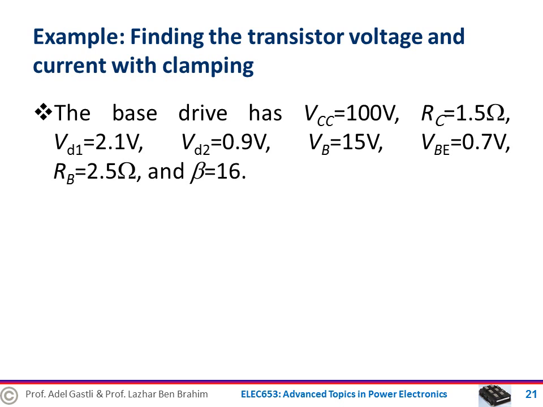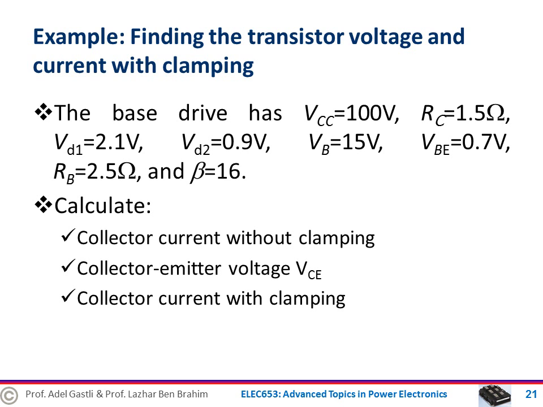The voltage drop across the diode D2 is 0.9 volt. The base drive voltage VB is 15 volts. The base emitter voltage VBE is 0.7 volt. The base drive resistance RB is 2.5 ohm. And finally, the transistor gain beta for this situation is equal to 16.